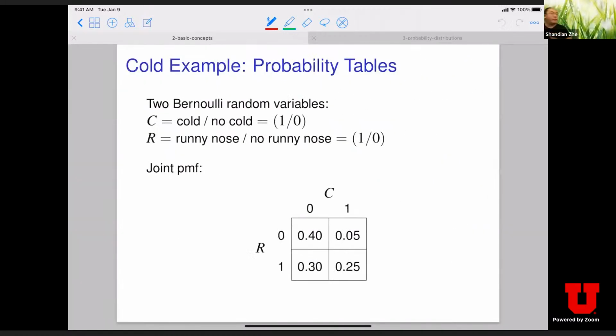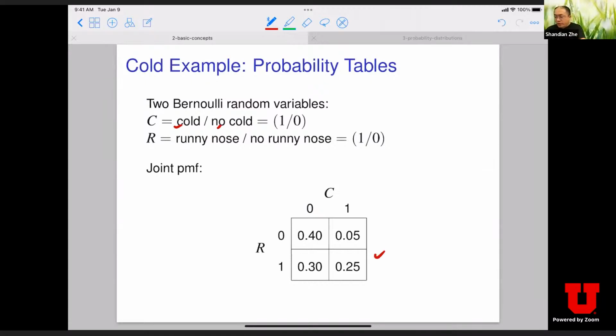Here is one very simple example to reinforce our definition. We have two Bernoulli random variables. C represents whether you got a cold or not, so it takes value 1 or 0. Another random variable R represents whether you got a runny nose or not, 1 or 0. So the joint probability mass function is like this.